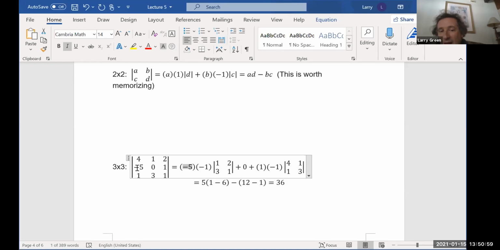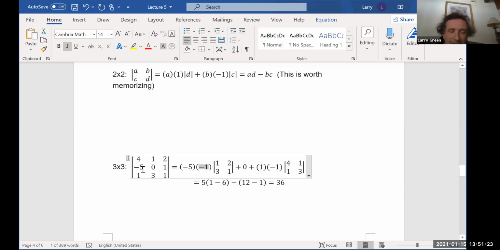And 3 is odd. So that means I put a -1 in. Any questions on that? And then I take the minor, which means I get rid of the first column and second row. And I'm left with 1, 2, 3, and 1. Anyone lost on that?